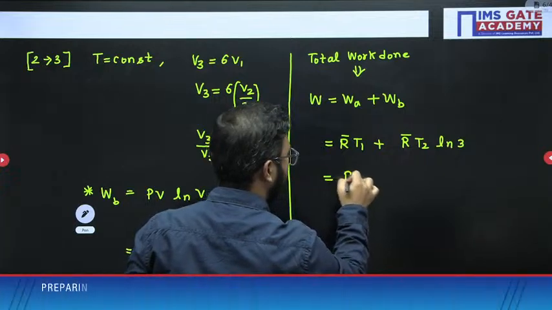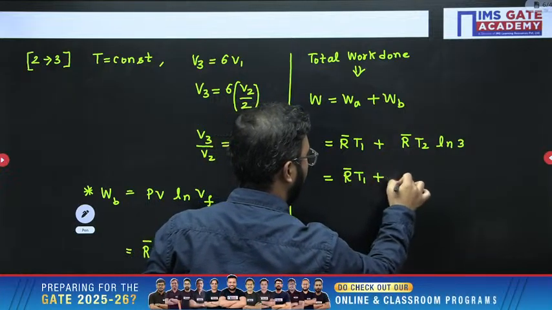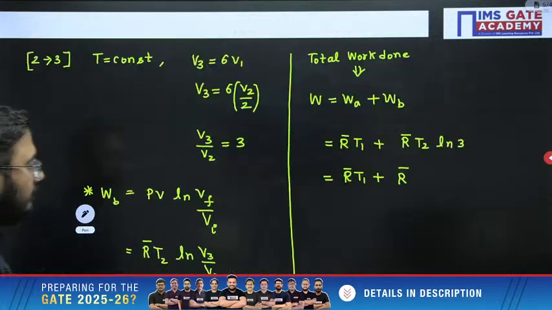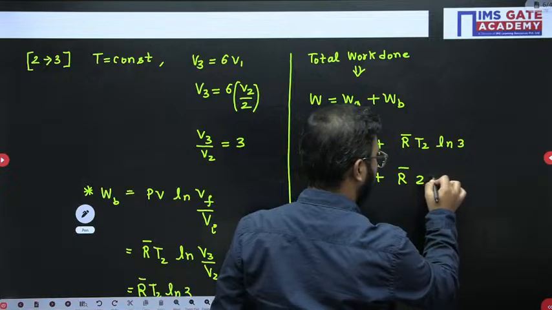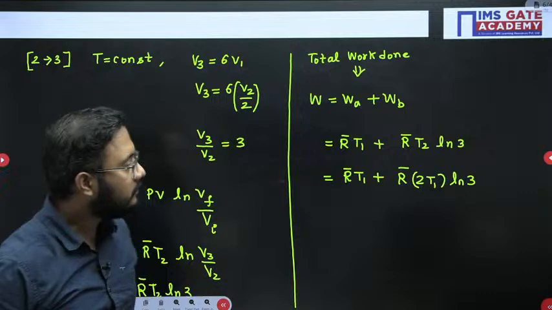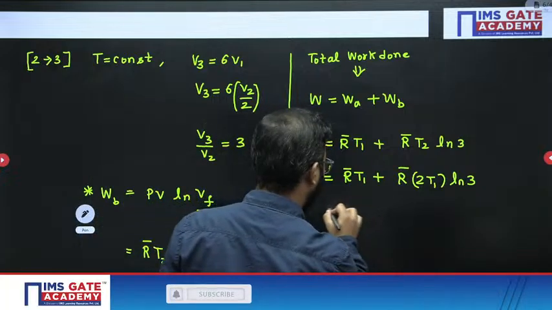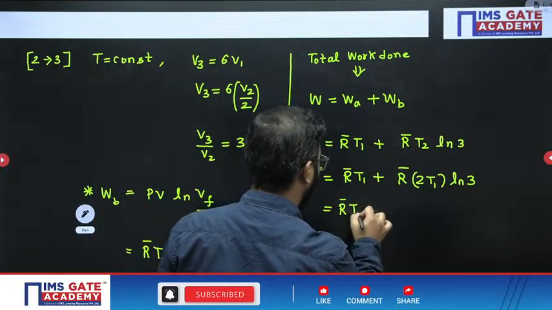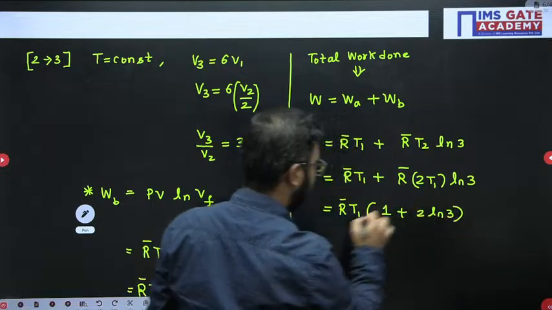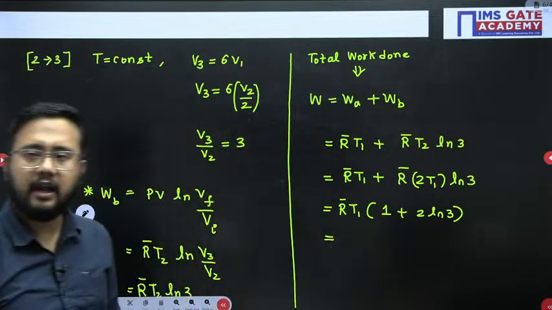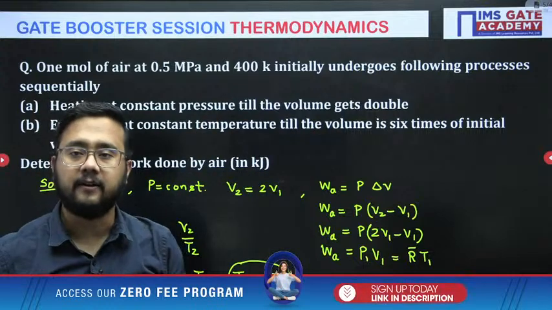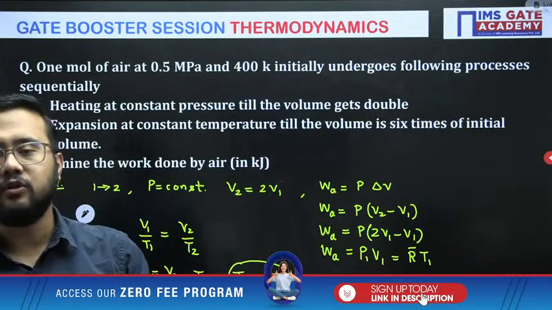Okay, so R bar T1, instead of writing T2 I will write twice of T1, already we have solved, twice of T1 ln3. Clear? Now take the R bar T1 common, R bar T1, so 1 plus 2 ln3. This is the relation. Now in this, what is the value we have to put? Only T1, which is already given in the question, that is 400 Kelvin. That's how we are going to solve the problem.